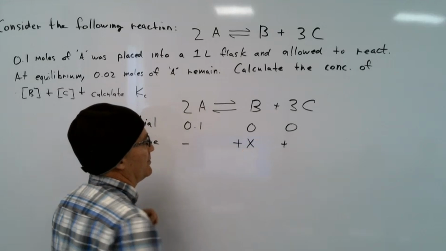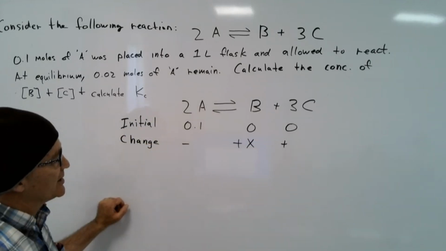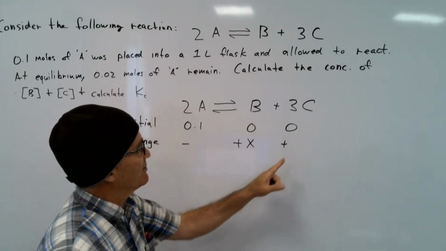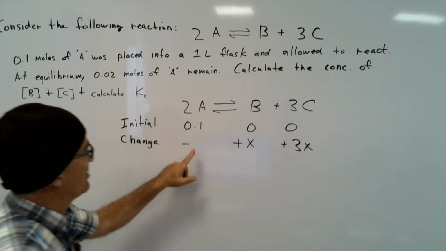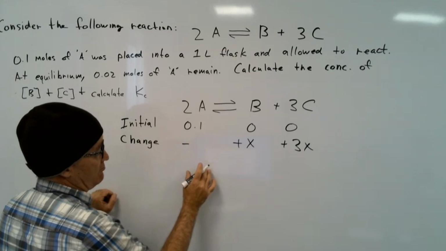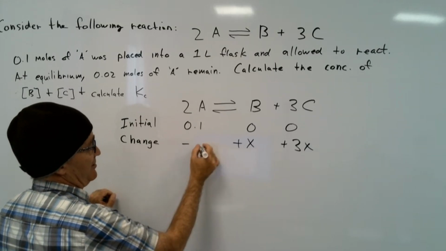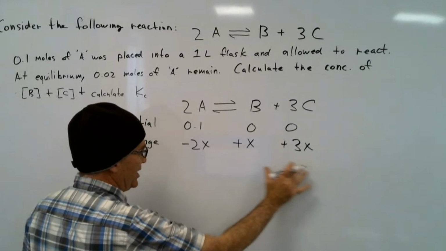X. So I'm going to say X amount of B forms. All right, so if B is X, what is C going to be? 3X. Very good, and likewise, this thing here has to be what? Minus an X, but what's the coefficient? 2X. All right, so this is the change that happens.